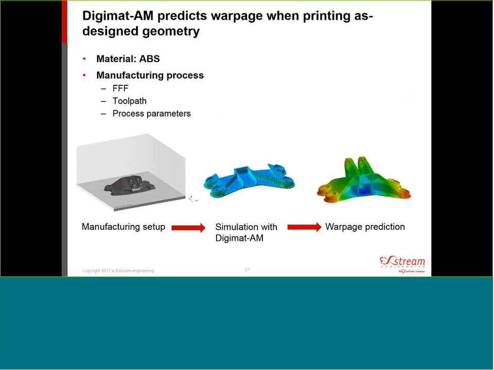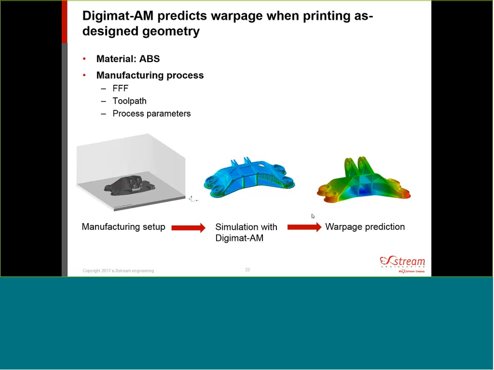So the first step is to run a simulation of the manufacturing inside DigiMat AM. As we will see in the live demo just afterwards, it's just a matter of defining the material, defining the way you want to print the parts, so what is the tool path, what are the process parameters, and then once you run the simulation, you will get the layer by layer deposition simulation and then the actual warpage prediction.